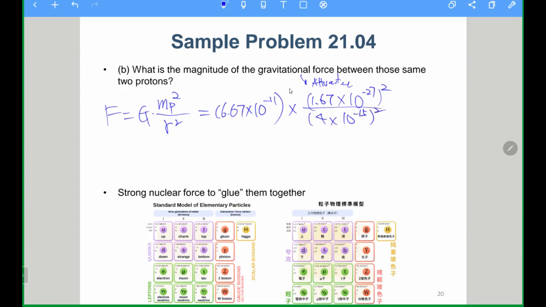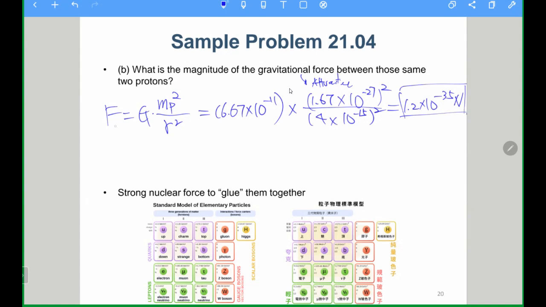So we just plug in the number, and this number is 1.2 times 10 to minus 35 Newton, which is much, much smaller than the previous.